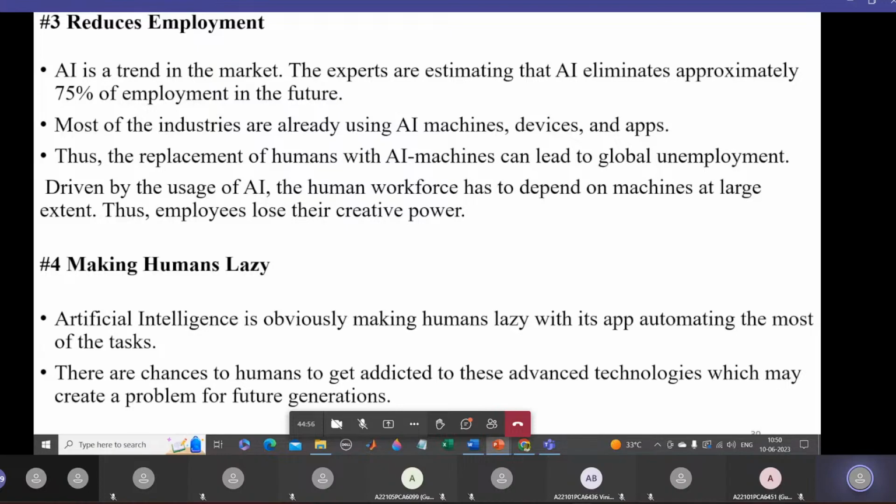So without employment, how could we survive? Most industries are already using AI machine devices and applications, and the replacement of humans with AI machines can lead to global unemployment, even for preparing idli, dosa, whatever it is. We can see it in WhatsApp messages and all other social media, right? Everything is machine made.